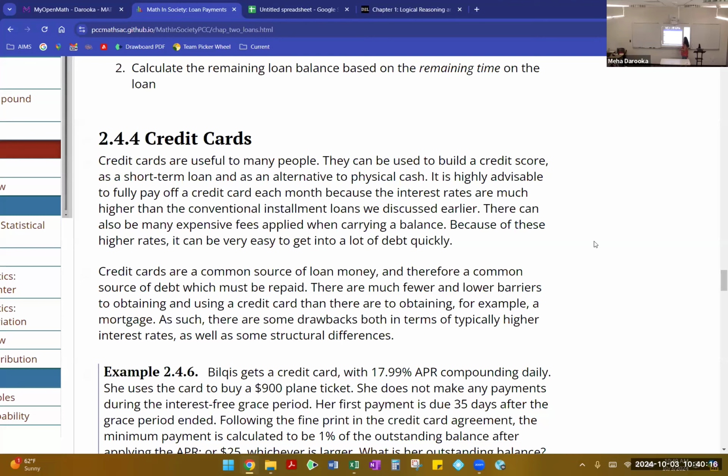So yeah, they are talking about how credit cards are a common source of loan money. So that would mean they're a common source of debt also. Yeah, and they're talking about how you can relatively easily get a credit card, but my experience has not been that it is easy to get a credit card.